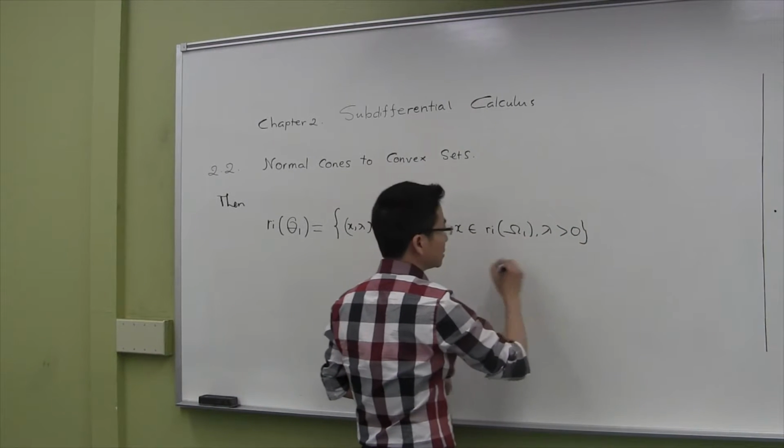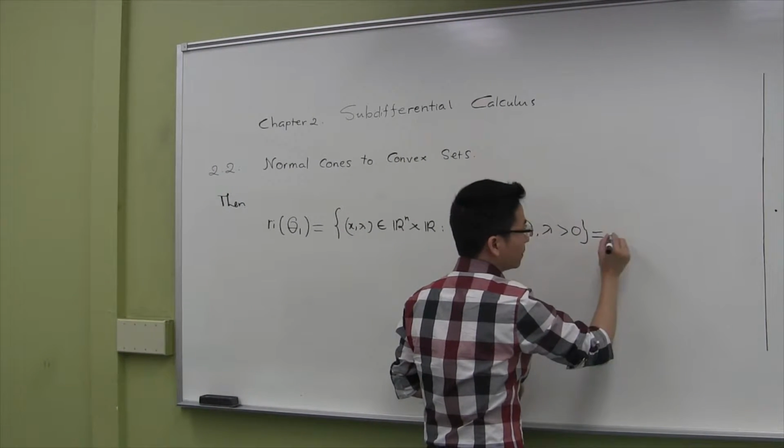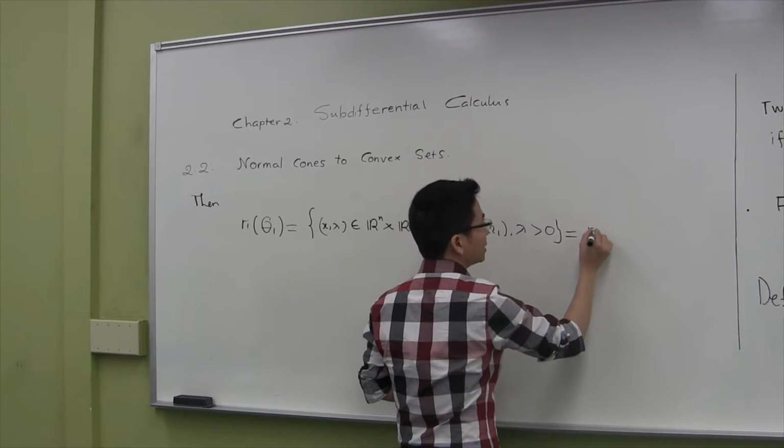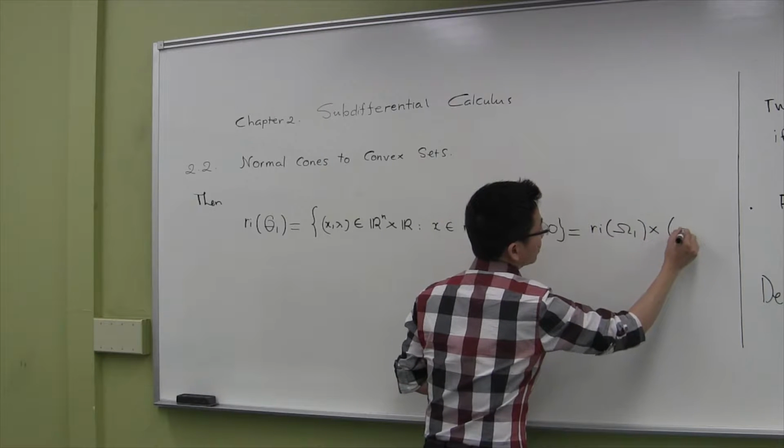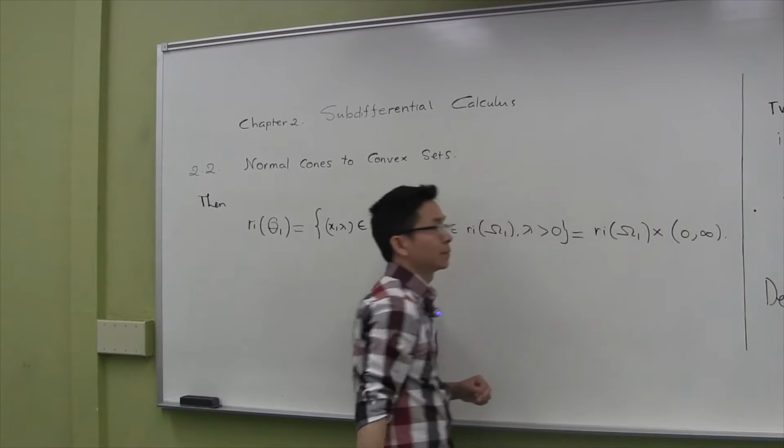This is just the Cartesian product of the relative interior of omega 1 and the open interval (0, infinity).